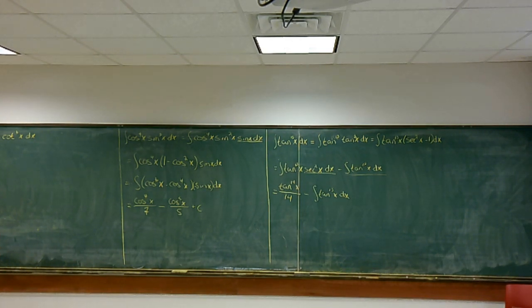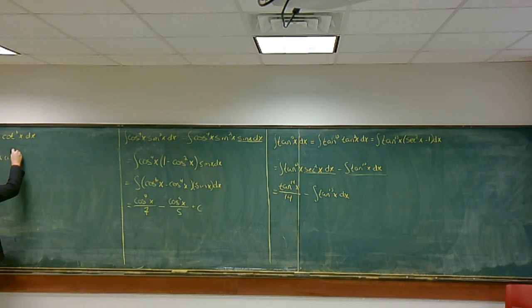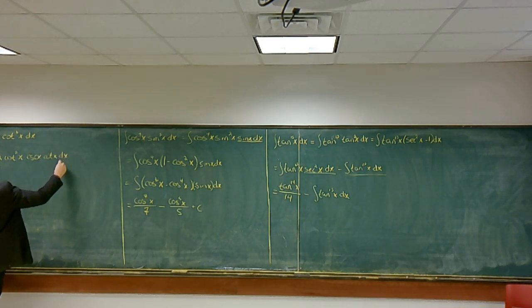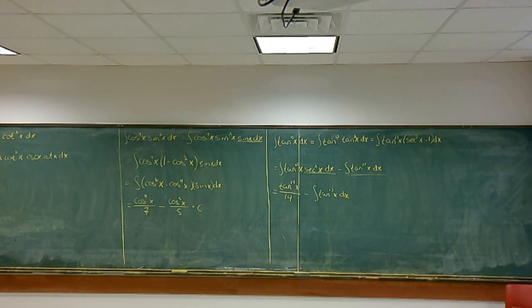Okay, so they are both odd. So here's what I'm going to do. Which function, cosecant or cotangent, has the derivative of cosecant times cotangent?